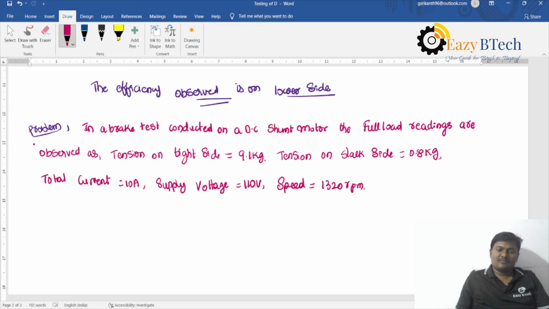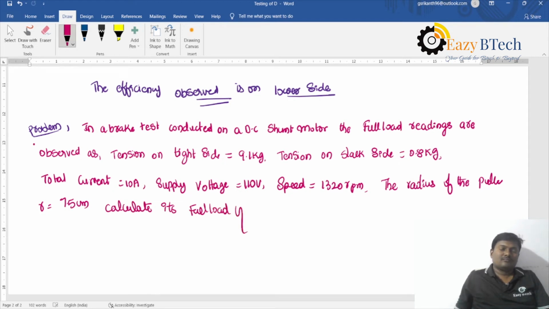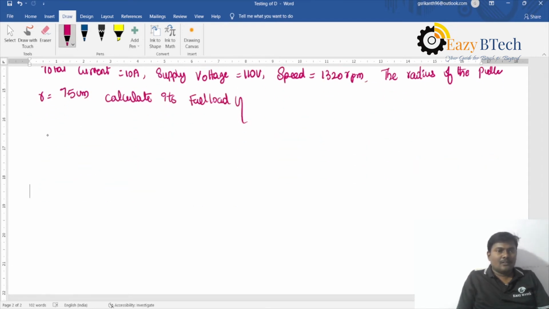Supply voltage is equal to 110 volts, speed is equal to 1320 rpm, radius of the pulley is 7.5 centimeter. Calculate its full load efficiency. This is our question.